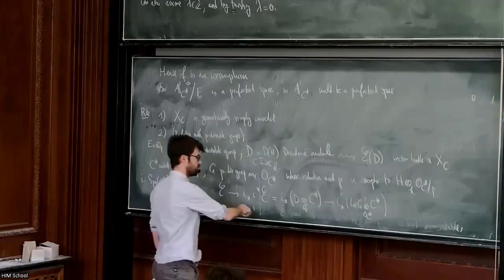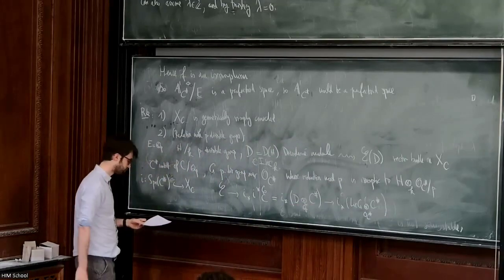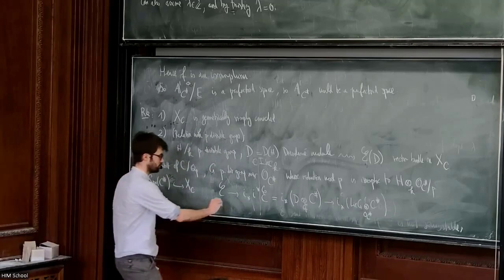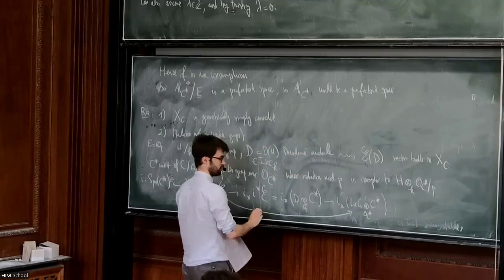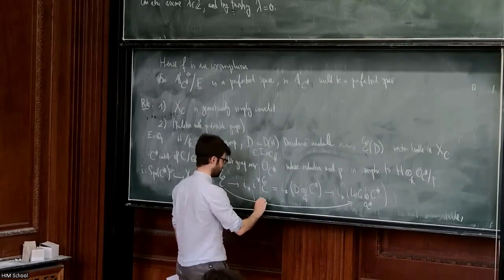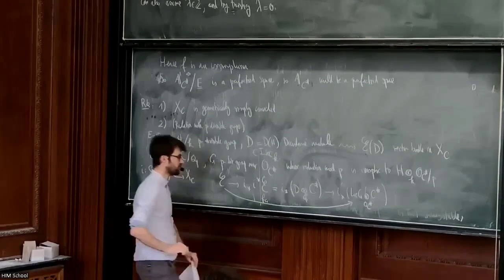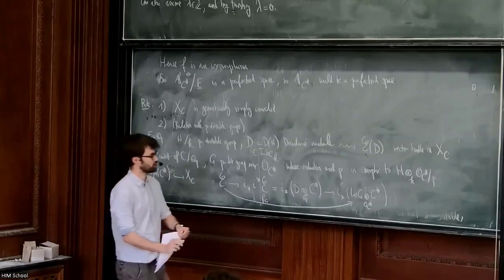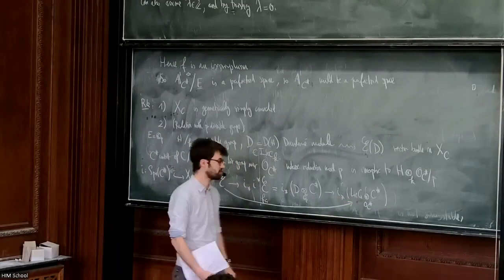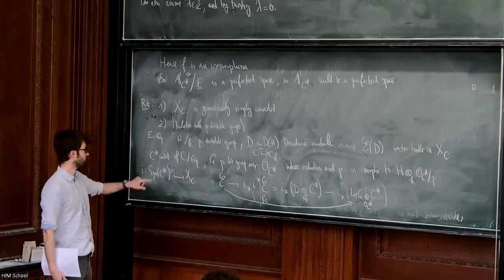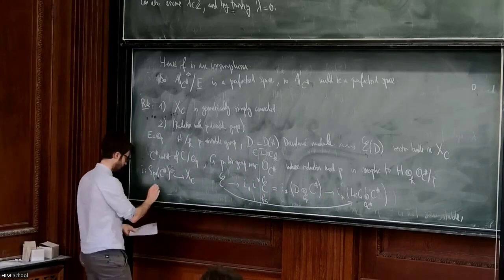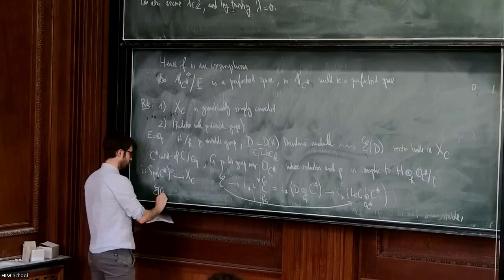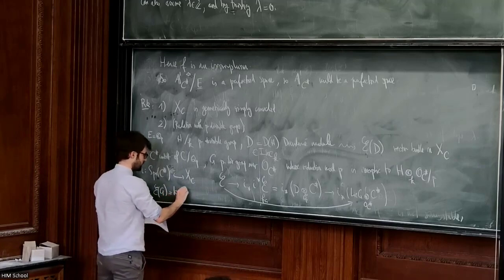Okay, and these maps are surjective. So let me look at the composite map. This is like a skyscraper sheaf supported at this point of the Fargues-Fontaine curve corresponding to our given untilt. And I can denote now by E of G the kernel of this map.